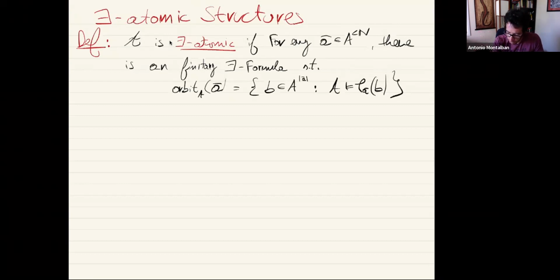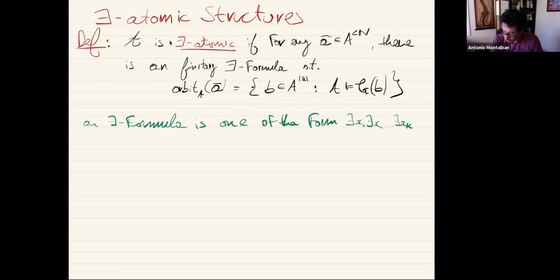Okay, so an E formula is one of the form: there exists x1, there exists x2, there exists xk, such that psi, where this one is quantifier free, and of finite type.